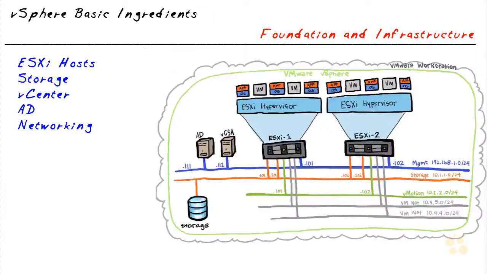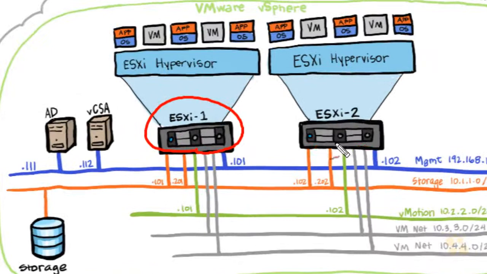So one of our main components in a vSphere environment is going to be the ESXi hosts. And in our topology here in our lab environment, we're going to have ESXi-1 and ESXi-2. These represent two different machines that are each running VMware's bare metal hypervisor called ESXi.